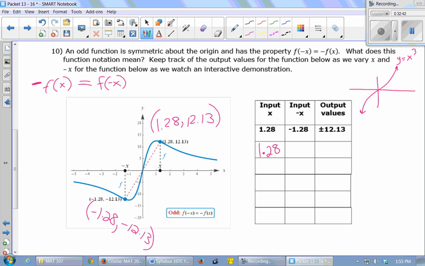So the y values aren't the same, they're opposites, right? So f of x represents the y value for x, f of negative x represents the y value for negative x. They're not the same, so I can't put an equal sign there, but if I take the opposite of one of them, they would be the same, right? So if I took the opposite of this guy, I would have 12.13, and that would be the same.